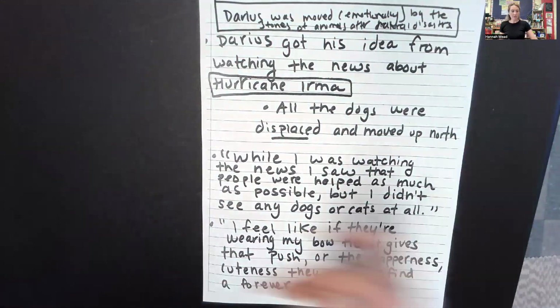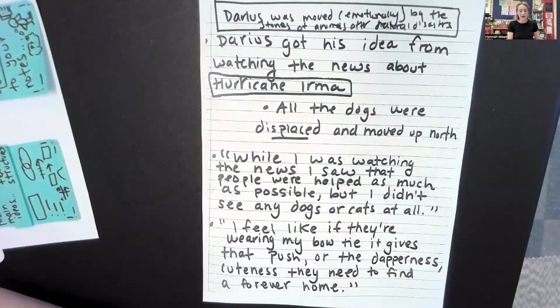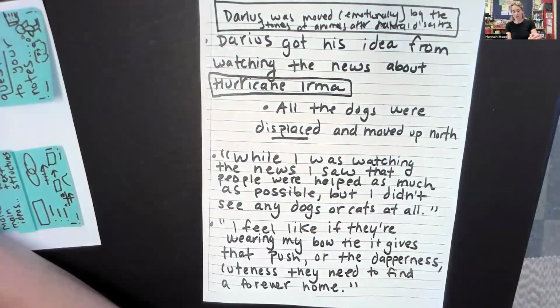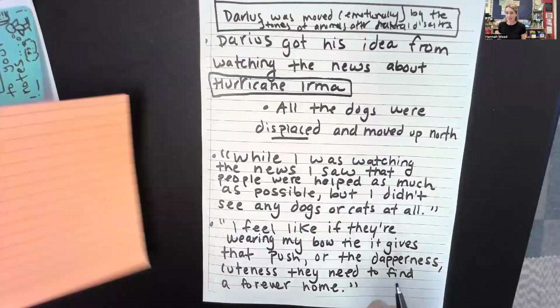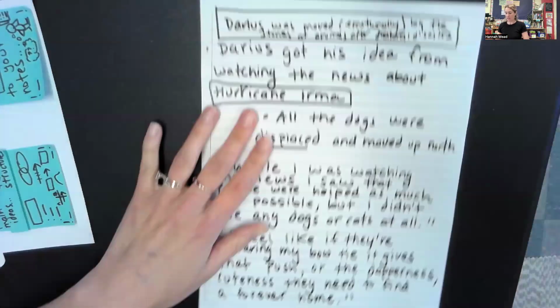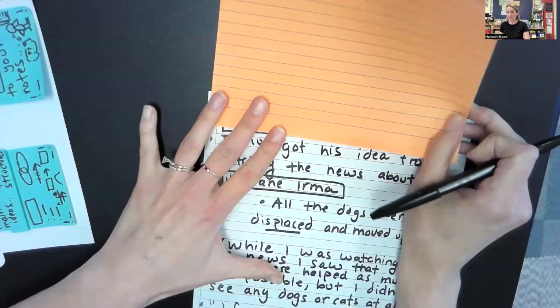I also could flip this a little bit more and think about how this is actually teaching me the reason why, or maybe even the cause for his activism. So I could even change this into becoming more like cause and effect.